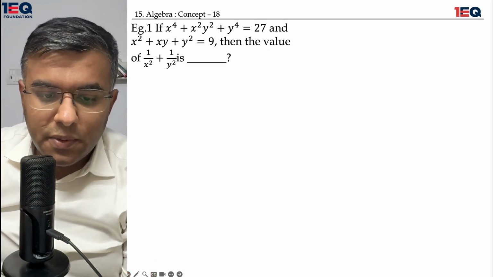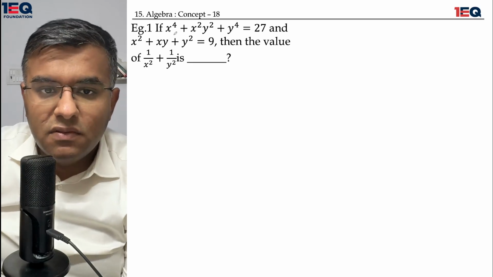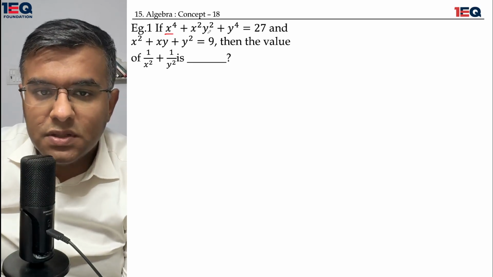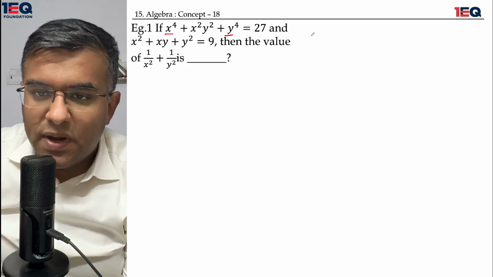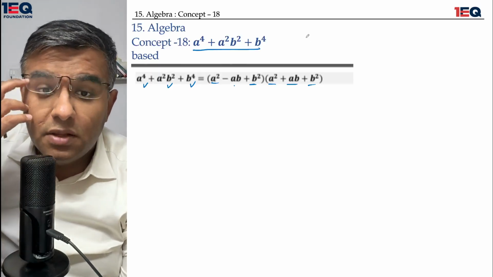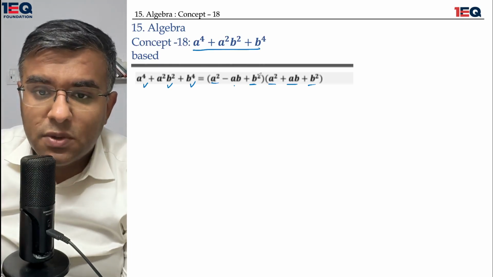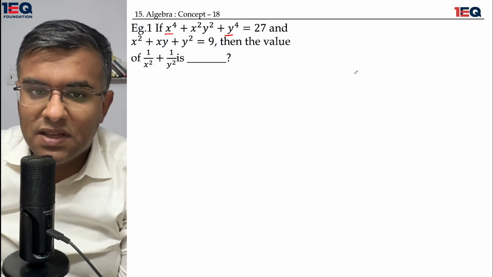In this particular question, what are we supposed to do? We have the bigger equation x raised to the power 4 plus y raised to the power 4 plus x square y square. We've just learned that the bigger equation is equal to a square plus b square minus ab once and plus ab the other time. So we'll be doing the same thing here.